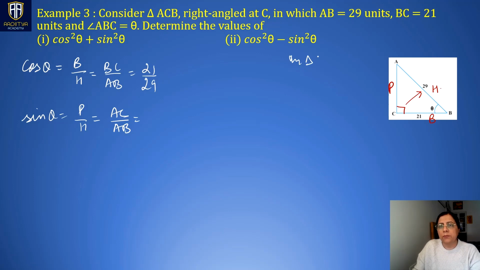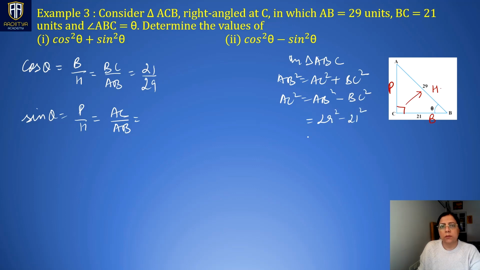In triangle ABC, AB square is equal to AC square plus BC square by Pythagoras theorem. And now we have AC square is equal to AB square minus BC square. So we have 29 square minus 21 square. So you can write this as 29 plus 21 and 29 minus 21.